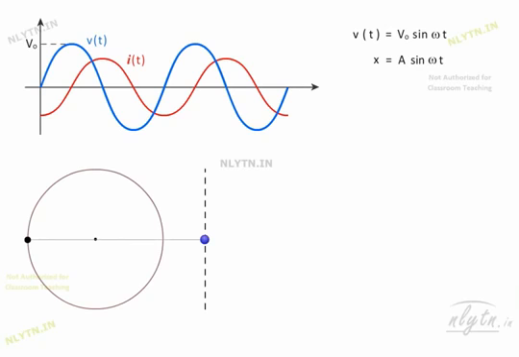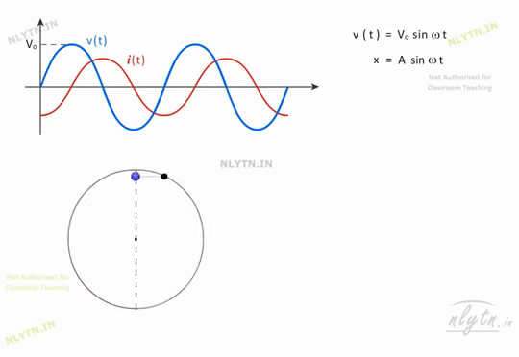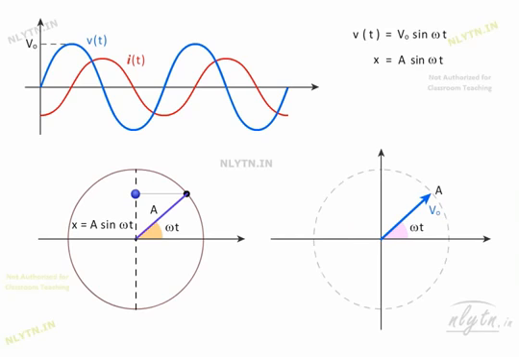where we had seen that an SHM can be considered as a projection of a uniform circular motion. Similarly, we can represent alternating voltages as the projection of a vector rotating anticlockwise about origin.